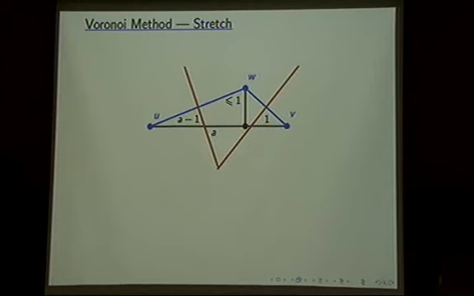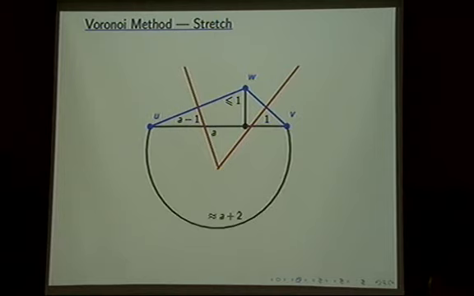Now, what's the length of the dual path? It's going to have length A plus 2 times this, right? So it's going to have length A plus 2, since the number of edges we had on the path was 2, and the Voronoi distance could be A plus 2.